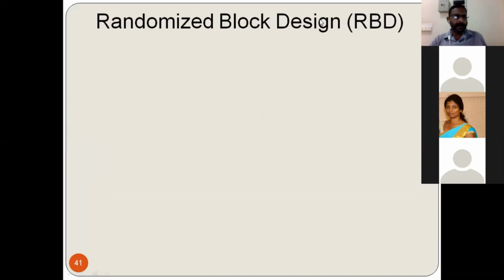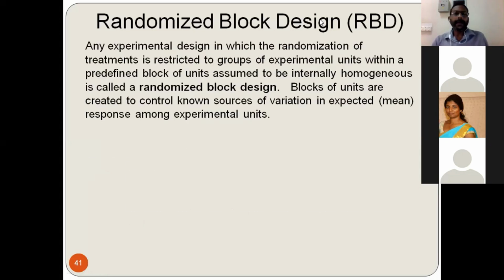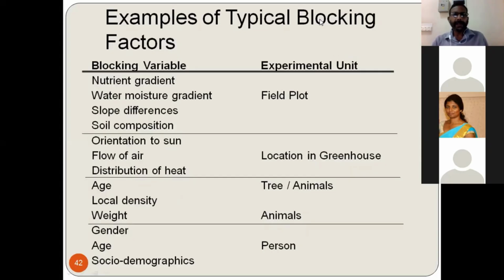Right. Now we will do a small sum. Before we do the small sum, we will talk about.